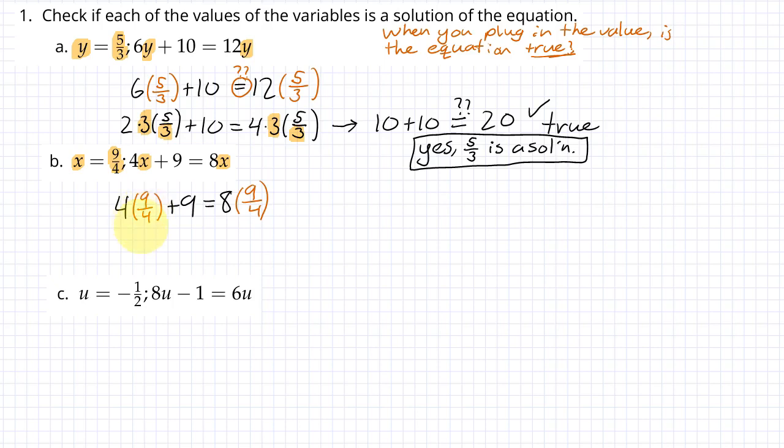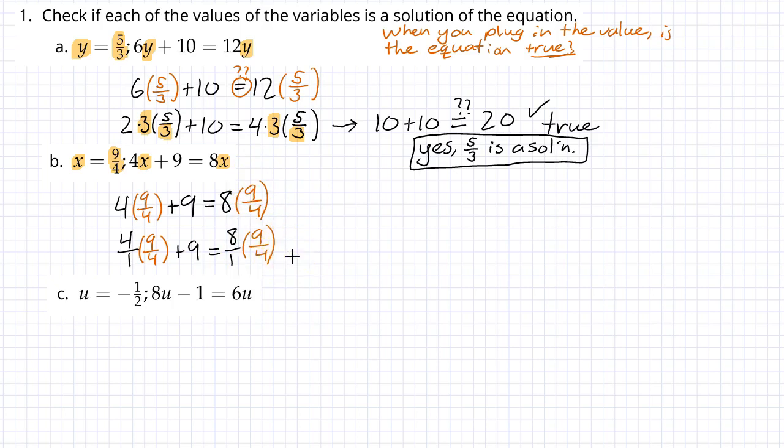So one way you can do this is, 4 is really 4/1, and 8 is really 8/1. So if you want to see how these multiply, you could turn the 4 into 4/1 times the 9/4. And that way you see a fraction times a fraction, you know that means multiply the top and the bottom. I'll deal with that in a second after I copy everything else. And then likewise the 8 is 8/1, which we're multiplying by 9/4 there.